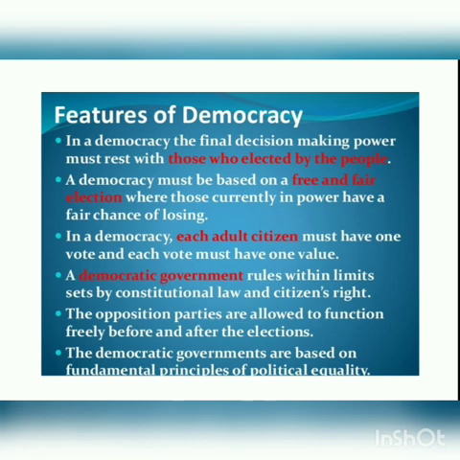And the importance of a constitution is more significant in a democratic country like India. The Constitution gives certain rights to the citizens which ensure that government cannot misuse its power. The opposition parties are allowed to function freely before and after the elections.